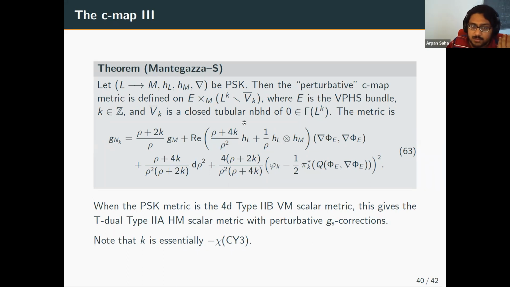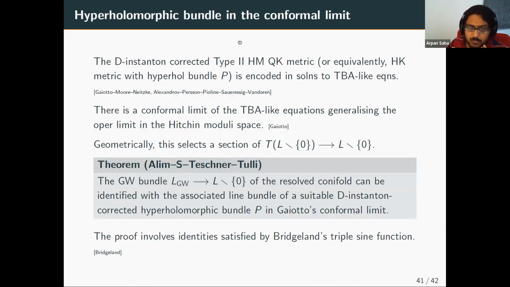But this will get some deformations from the D-instanton corrections, and it turns out that you can define the D-instanton corrected metric either in terms of a quaternionic Kähler metric or a hyperkähler metric with a circle bundle P on it, with a connection such that its curvature is of type 1,1 with respect to all 3 Kähler structures of the hyperkähler metric.